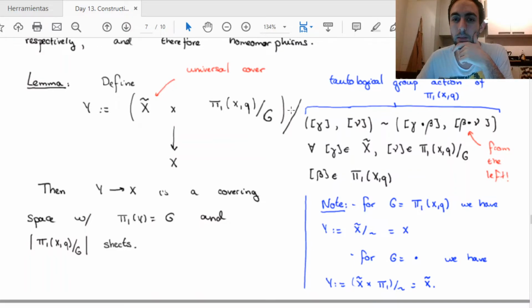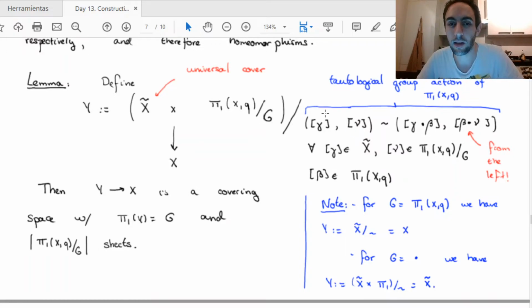But the action on this side is an action on the left, right? So this is not a group anymore, right? We've quotiented out by G, where G is acting on the group on the right. So as such, we cannot quotient from the right anymore because things won't be well defined unless G is normal. So what we can do is instead act on the left.